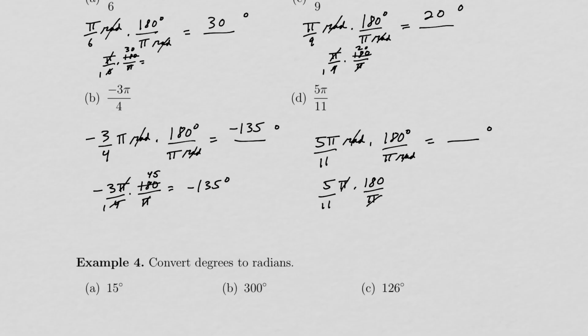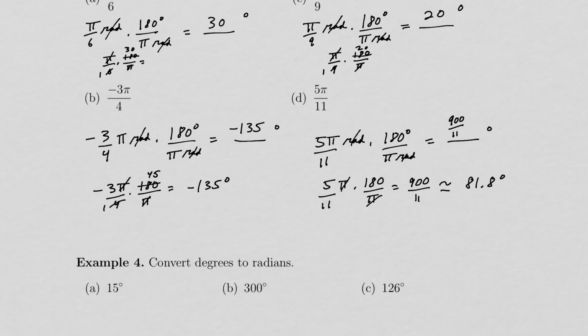This one, let's see, 11 doesn't go into 180, so let me just multiply numerators. That'll be 900 over, and the denominator's 11. So 900 over 11 degrees would be the answer. Or if you approximate this with a calculator, it's around 81.8 degrees. Okay, so 5 pi over 11 radians is around 81.8 degrees.